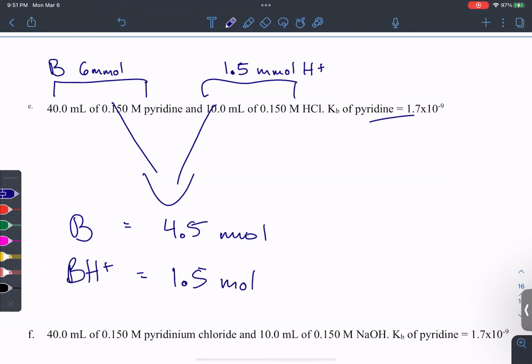Use the same pKa as before, 9.26 plus log base over acid. So what goes on top? 4.5 or 1.5? 4.5 over 1.5. Do not put 6 over 1.5. HCl is not a conjugate acid. It's a strong acid, so you gotta neutralize first.